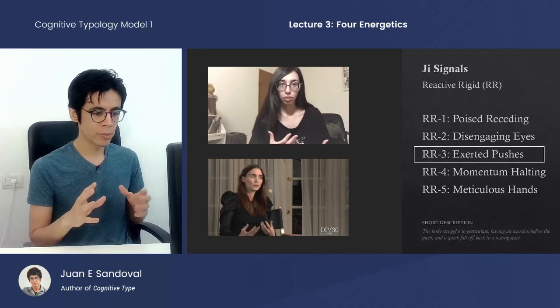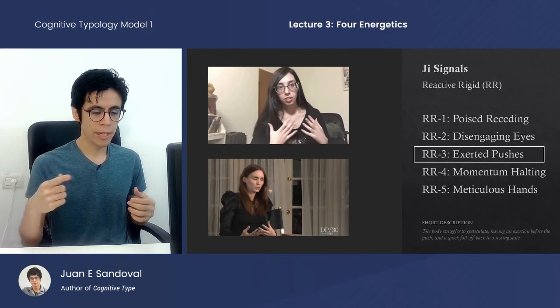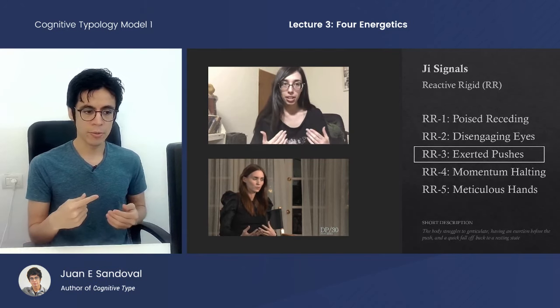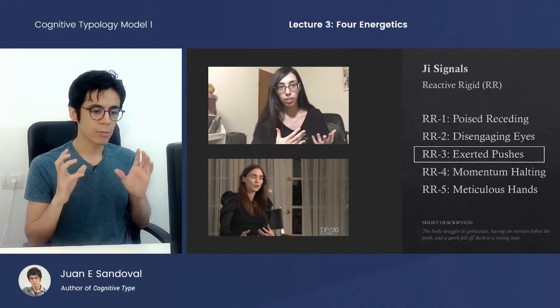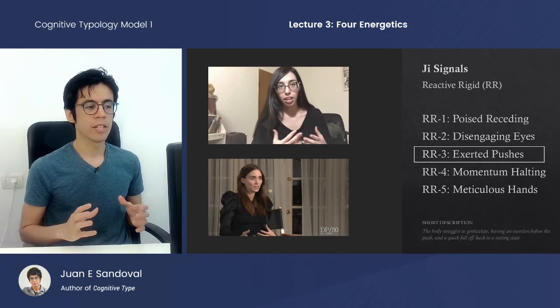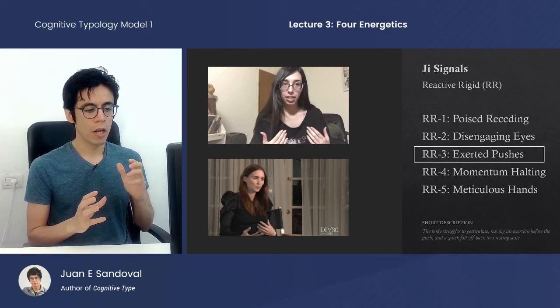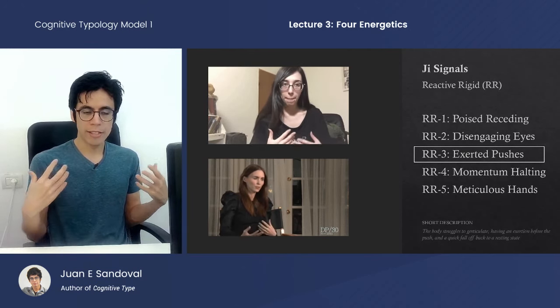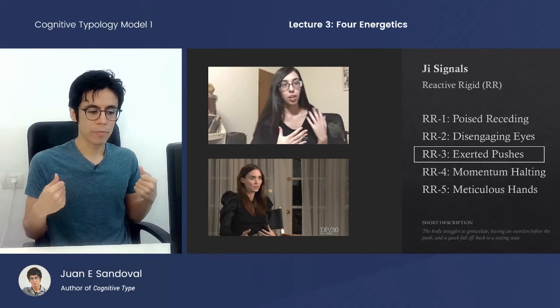Okay, so here with the third one, it's exerted pushes, and this is where what I said earlier about introversion showing itself in relation to extroverted acts becomes very relevant, because exerted push is a signal that happens where the body struggles to gesticulate and has an exertion before the push.